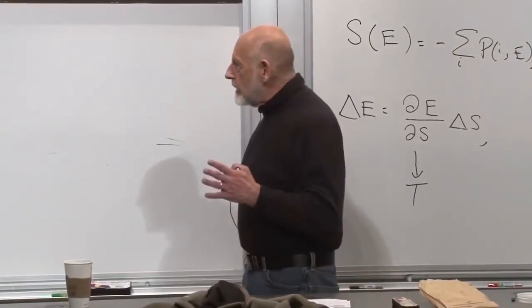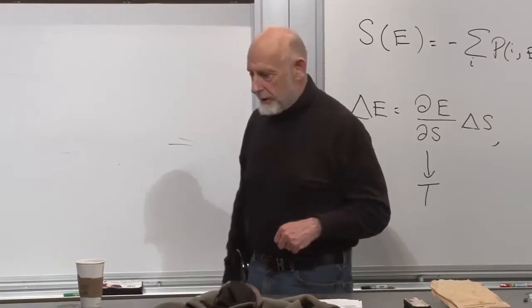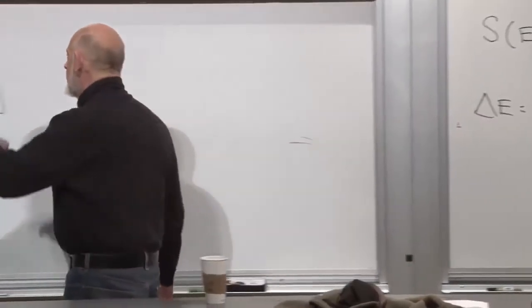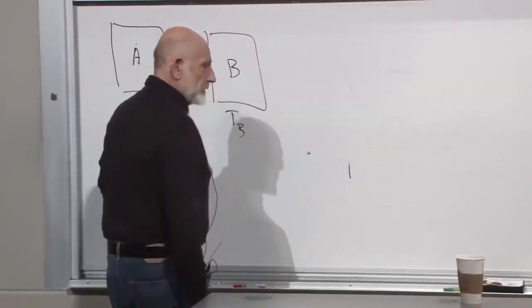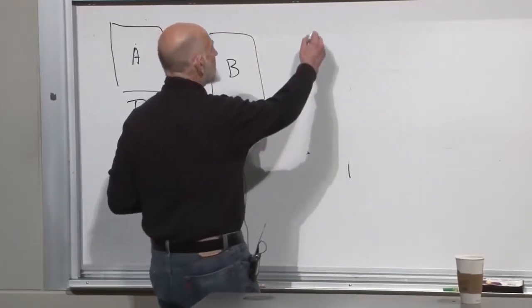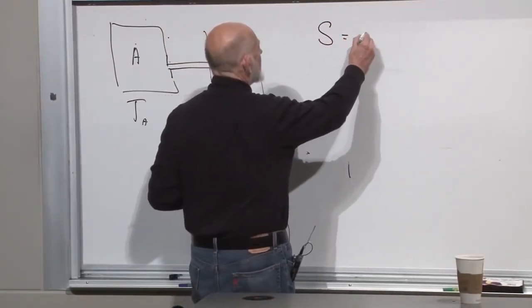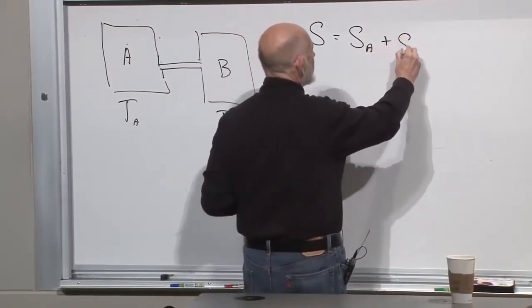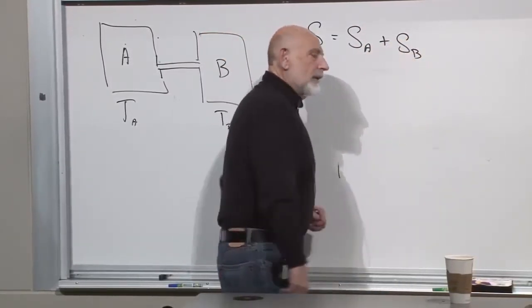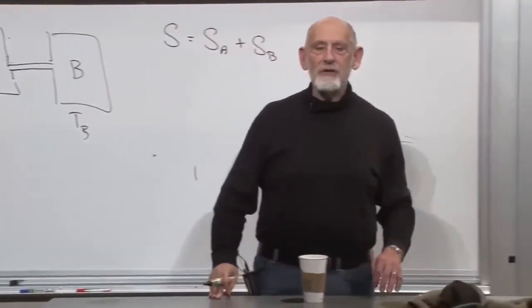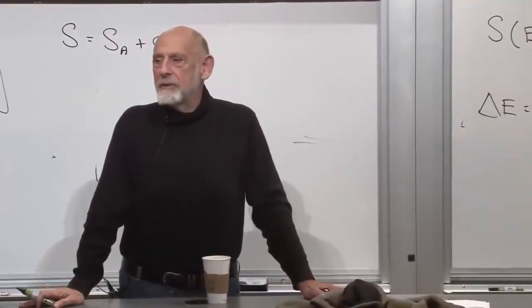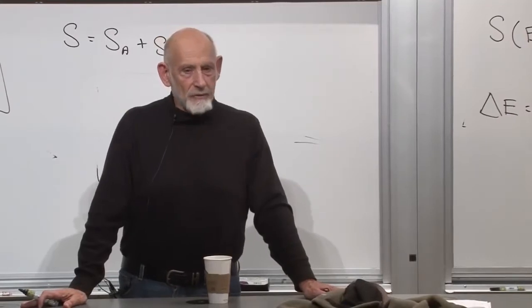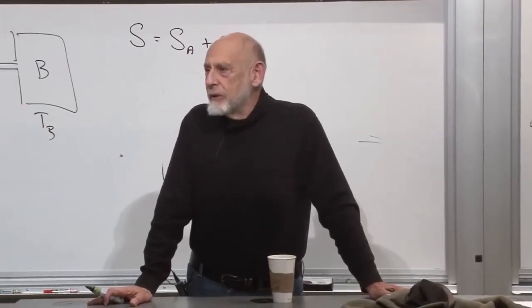So let's try to follow the line of reasoning now. The total entropy of the system, S, is equal to the entropy of A plus the entropy of B. Why is entropy additive? Does anybody know? It's from the mathematics, because it's the logarithm.